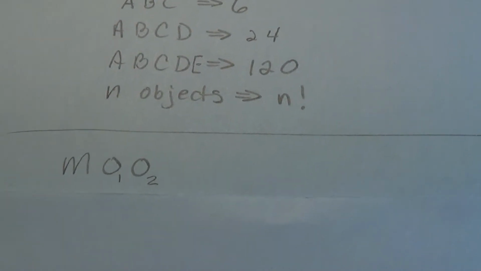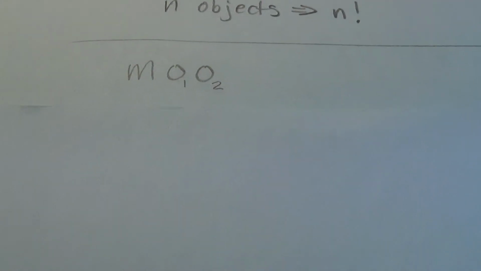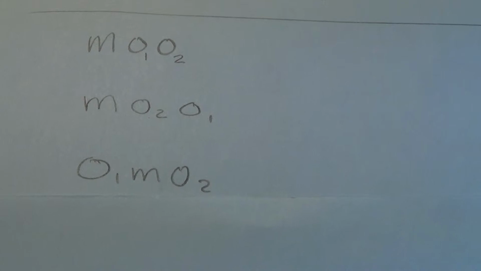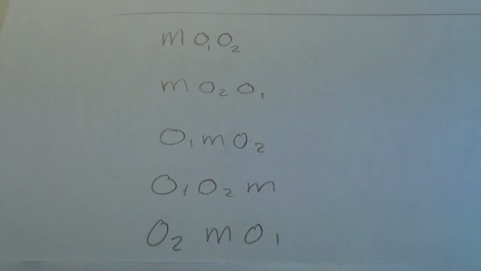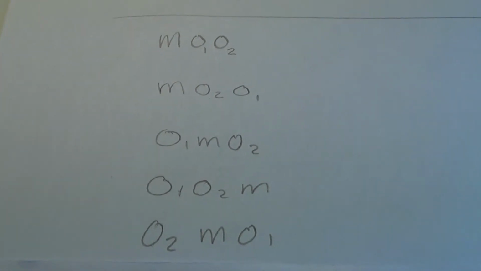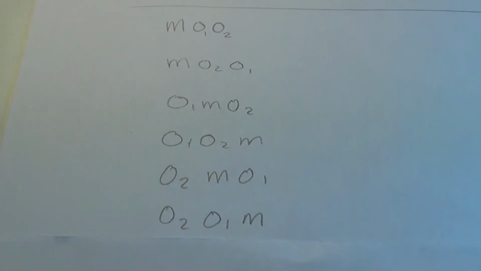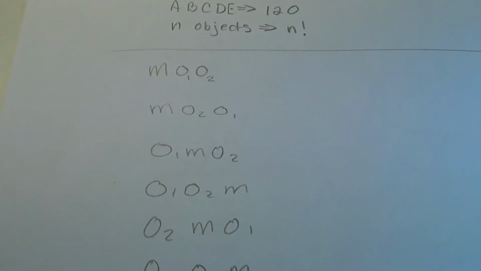Here are the different arrangements possible: M, O sub 1, O sub 2; M, O sub 2, O sub 1; O sub 1, M, O sub 2; O sub 1, O sub 2, M; O sub 2, M, O sub 1; and O sub 2, O sub 1, M. So there is a total of 6 of those.